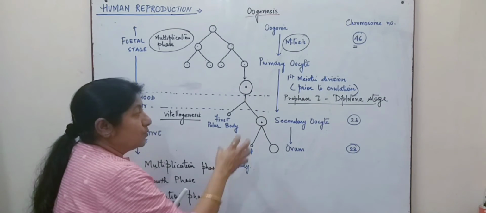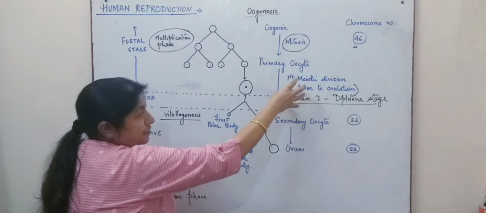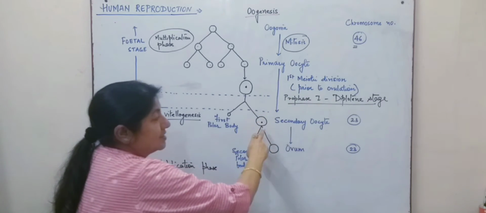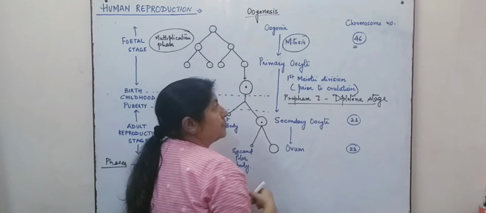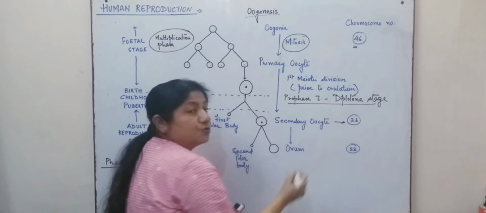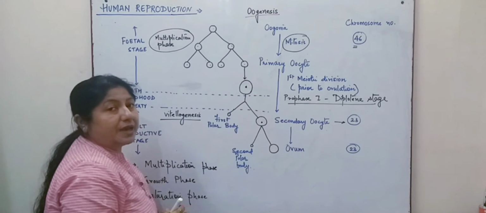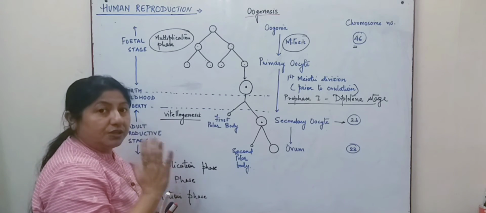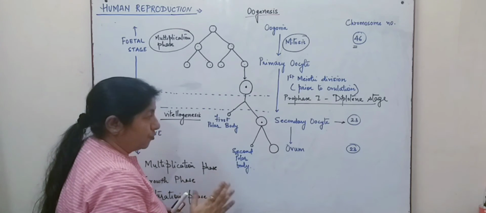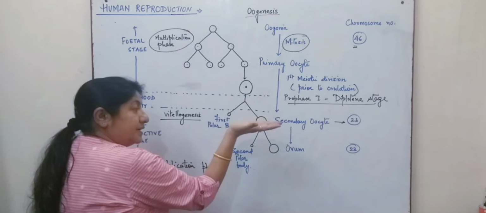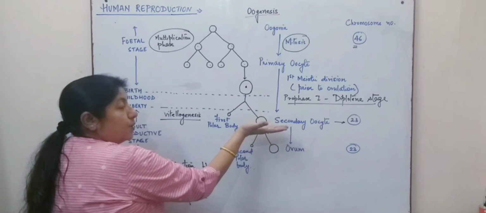Due to the first meiotic division, the number of chromosomes in the secondary oocyte is reduced to 23. That means it has only 23 chromosomes, or one set of chromosomes. The development stops here.